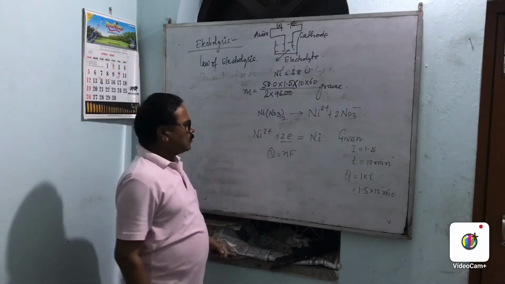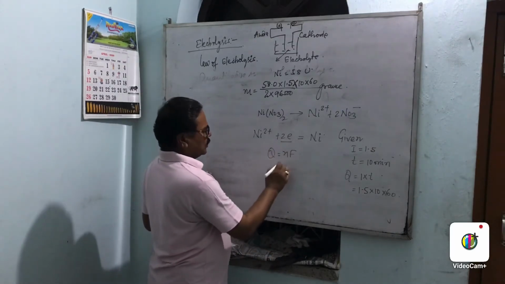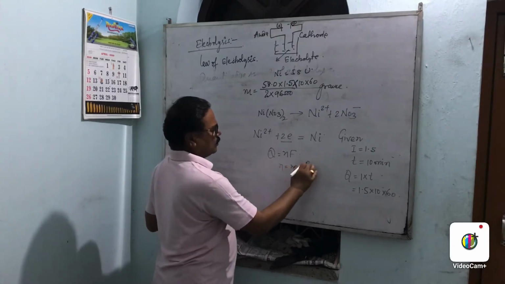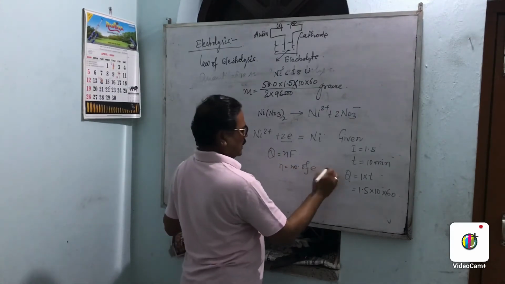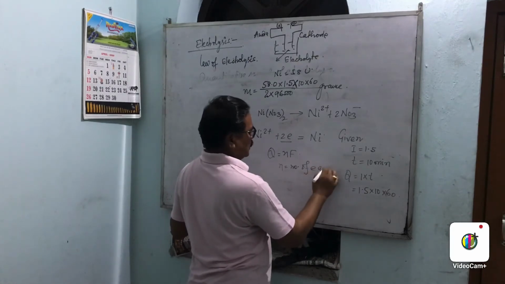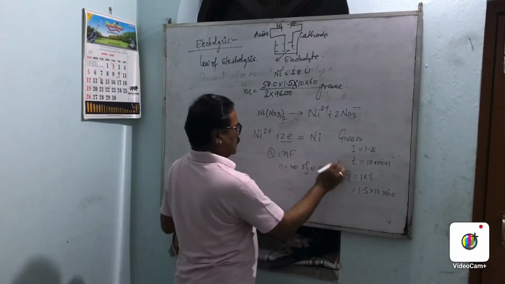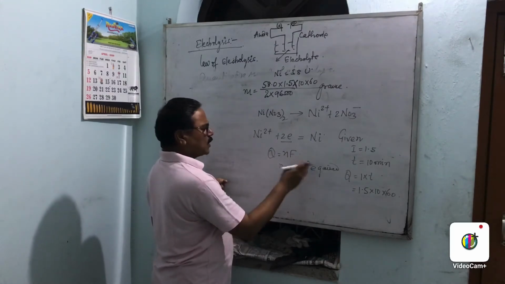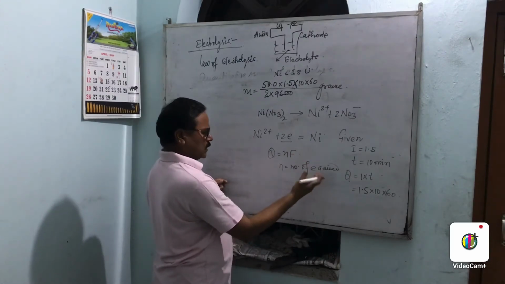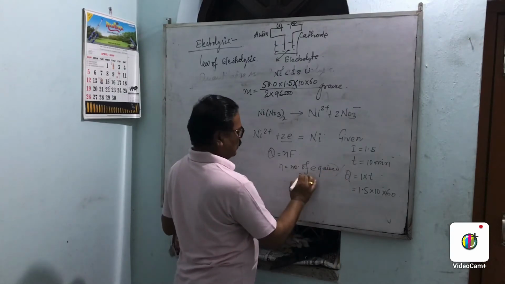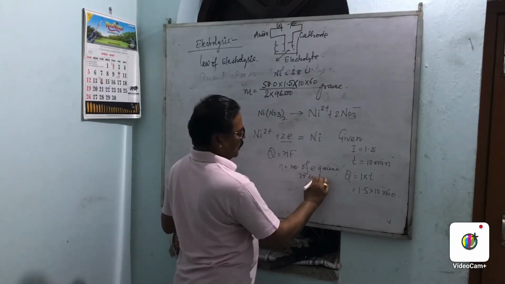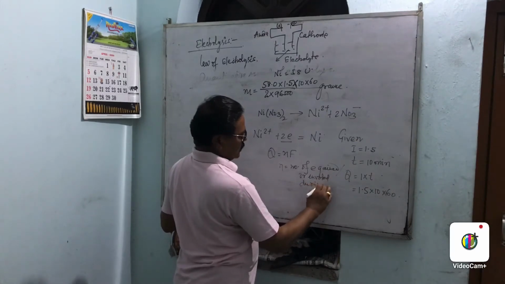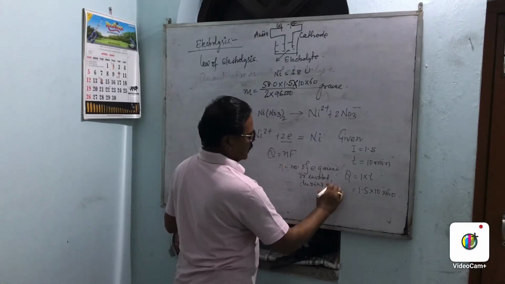Here N is the number of electrons gained, or involved in the reaction during electrolysis.